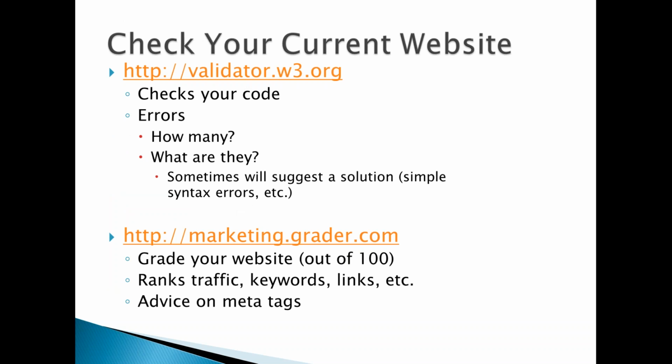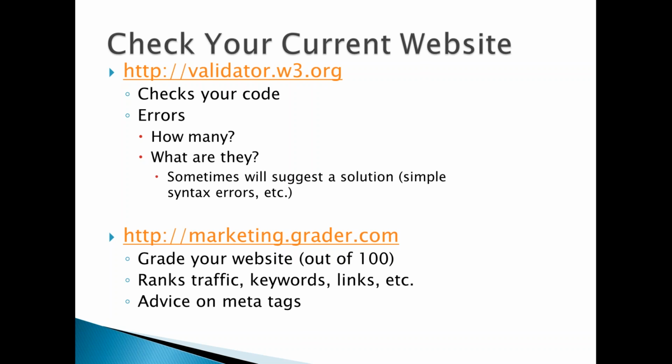So if you are a business owner and you've had a website built for your company, there are 2 free tools that you can use online that will help give you some insight into your website. There's one called validator.w3.org. This site actually checks the code of your website for programming errors. Basically, you want 0 programming errors.